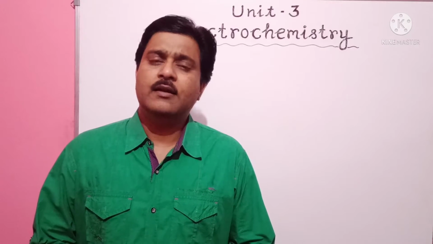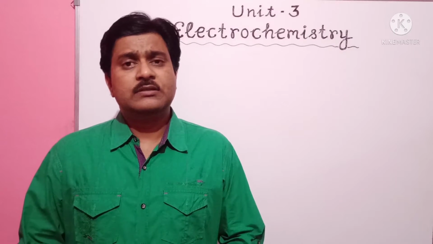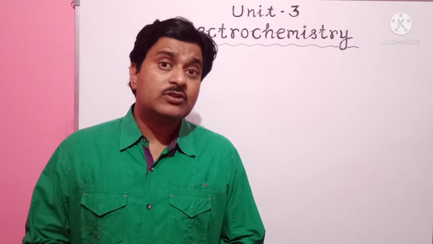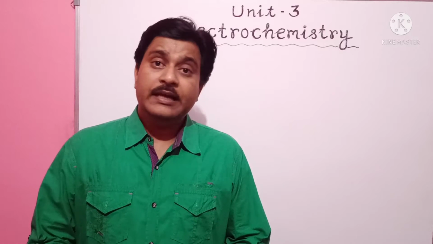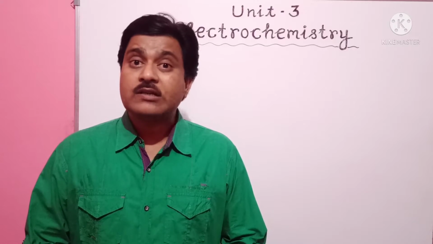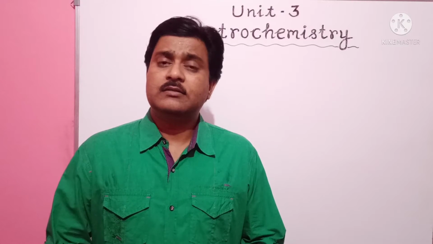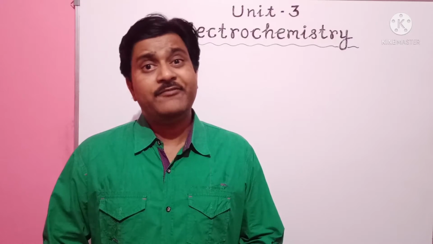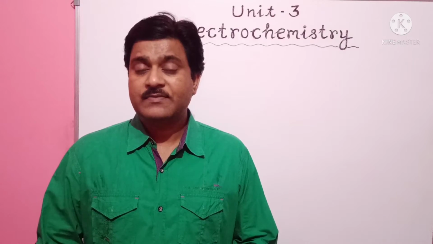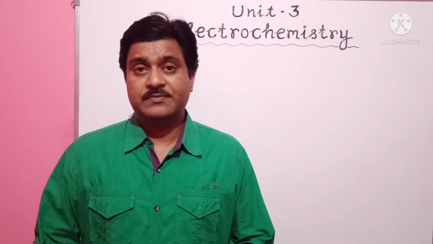Students, in the earlier lecture, we discussed Unit 3, which is Electrochemistry. In the last lecture, we discussed redox reactions. We learned how to find the oxidation and reduction processes, and also the oxidized and reduced substances in a chemical reaction.